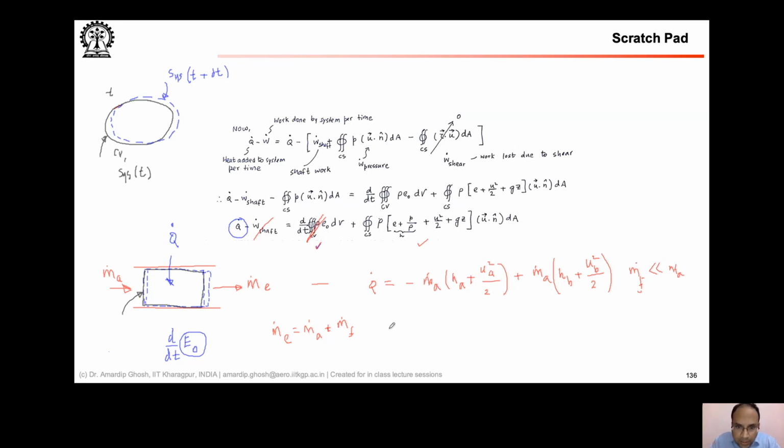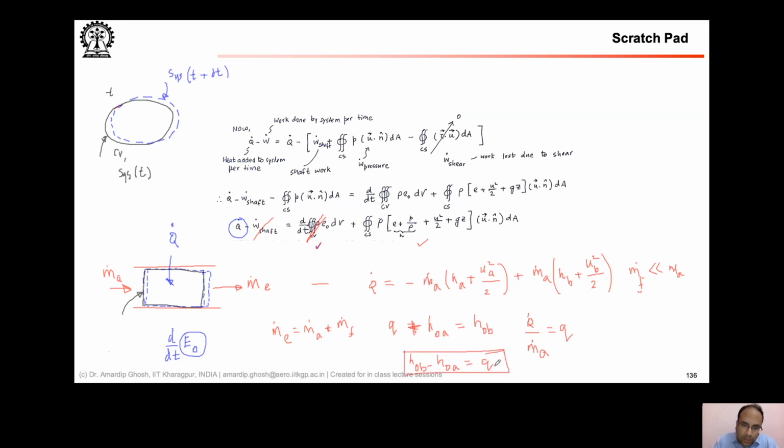So here you get something very interesting. Q plus H0A is equal to H0B, where Q dot by m dot A is given by this amount Q. Or in other words, you can say H0B minus H0A. So the difference of stagnation enthalpy is given by the heat that is being added.